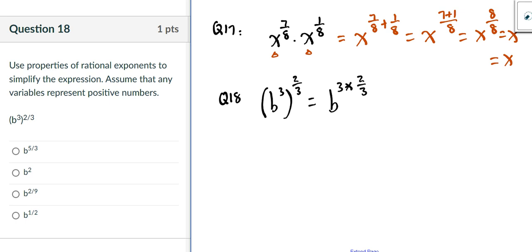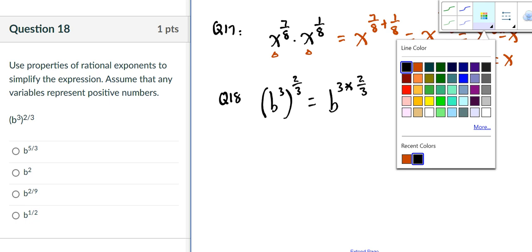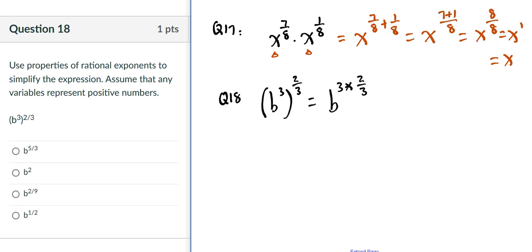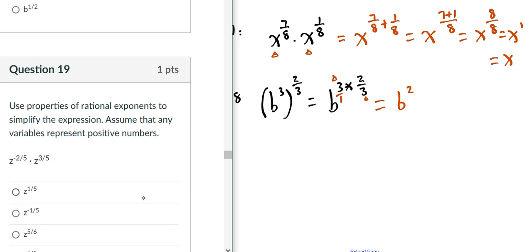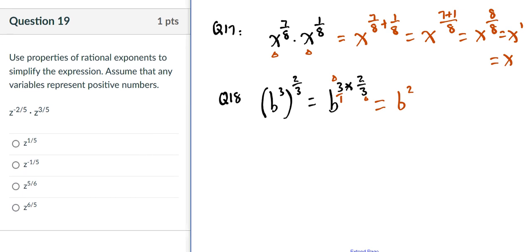Now remember, below 3 there is a denominator, which is 1. So you can cancel this 3 downstairs and this 3 upstairs. You then have b to the 2/1, which is just 2. So you have b squared. That would be the second choice right here. The answer is always simple and nice.